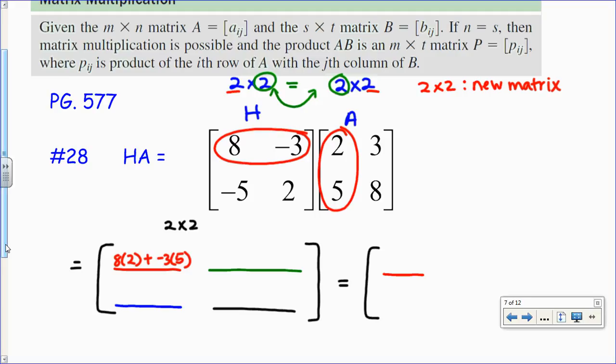Okay, the next one I'm going to look at is the one I have underlined here in green. So that's the first row and second column. First row, second column. I'm going to do the same thing. So I'm going to do 8 times 3 plus, so you add in between the multiplications, negative 3 times 8.